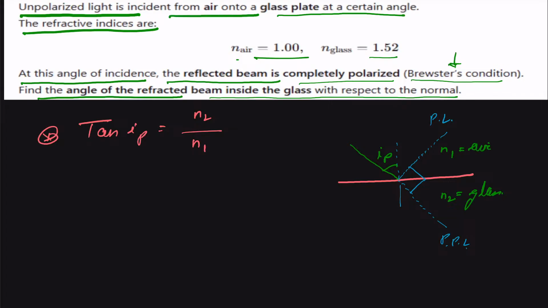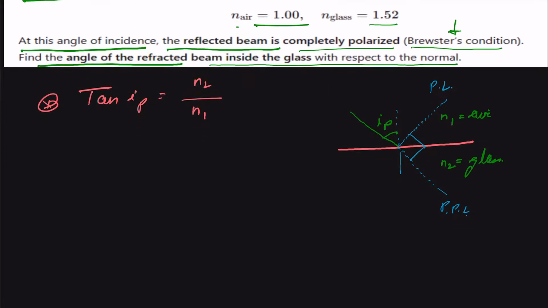We are supposed to find this angle, and we know that the angle of incidence is equal to I of P, and therefore this angle will be equal to 90 minus I of P. Let me erase this part.